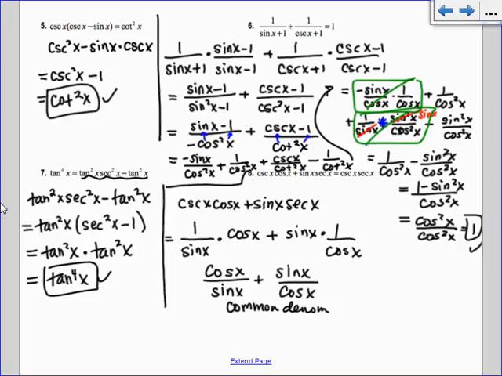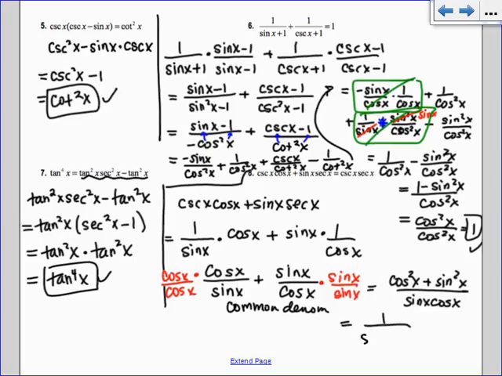So I'm going to multiply the first one by sine, or no, wait, not sine over sine, cosine over cosine. Multiply the next one by sine over sine. So when I do that, I get cosine squared x plus sine squared x, which is always good, all over sine of x, cosine of x.